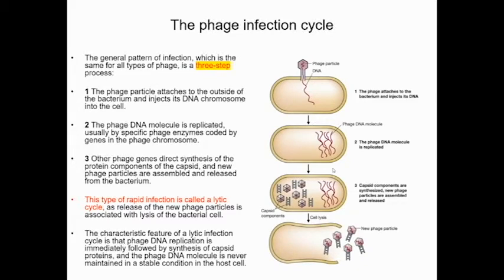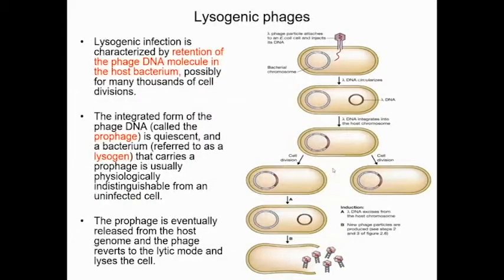This is the lytic cycle. And lysogeny, basically, this DNA integrates into the chromosome, all right? And during the cell division, they also duplicate this chromosome and also the viral DNA.